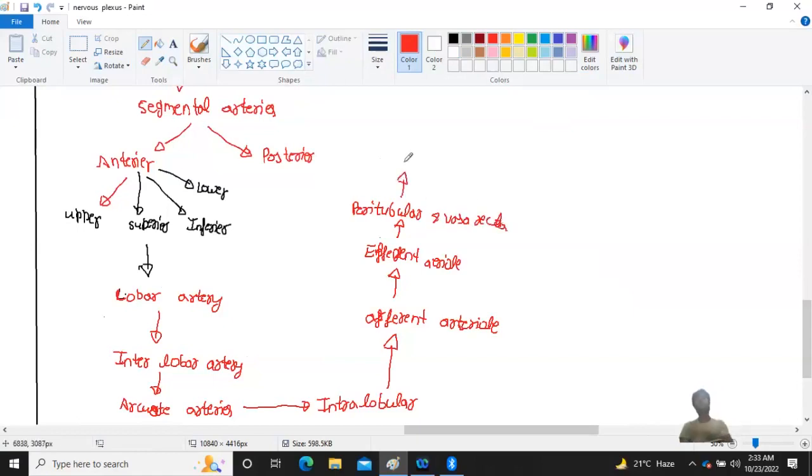Then, we know, a similar pattern continues again like this. These are interlobular arteries. Then come to the vein.